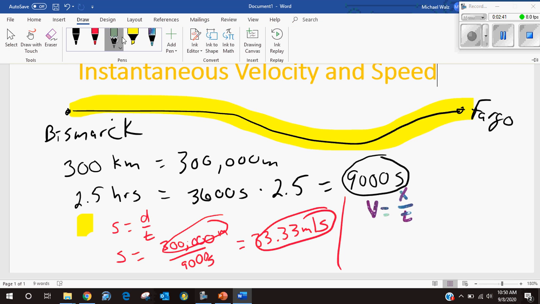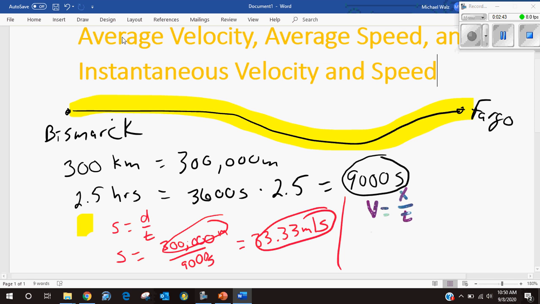The velocity in this case is going to be different than your speed. This x up here could be for anything, but it's commonly used for displacement.